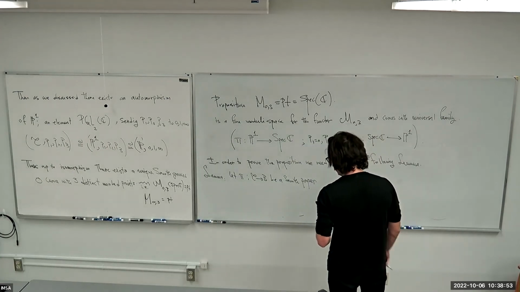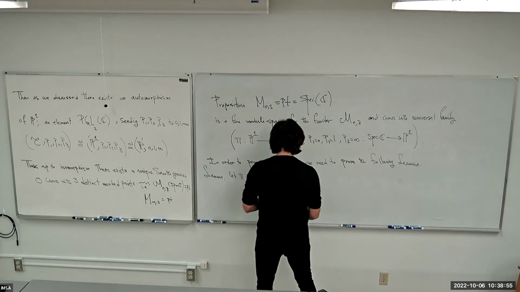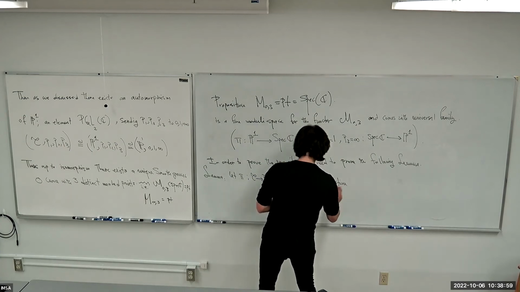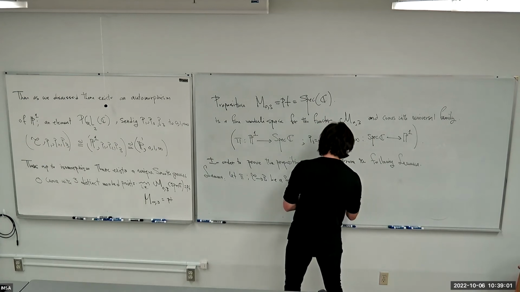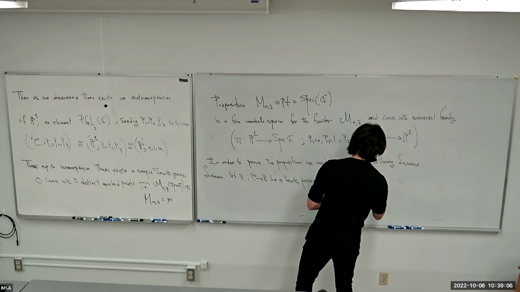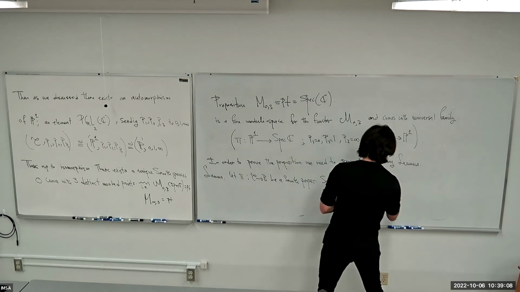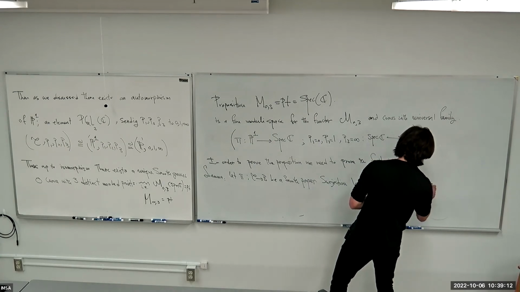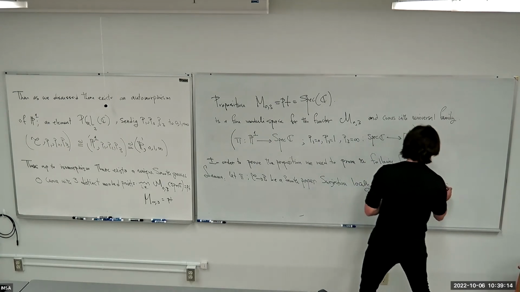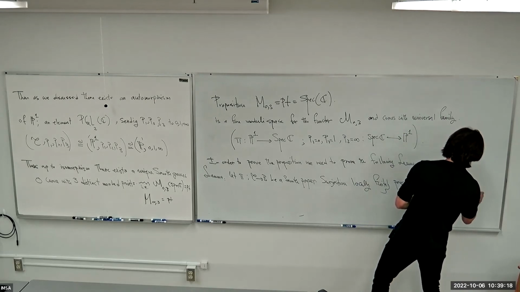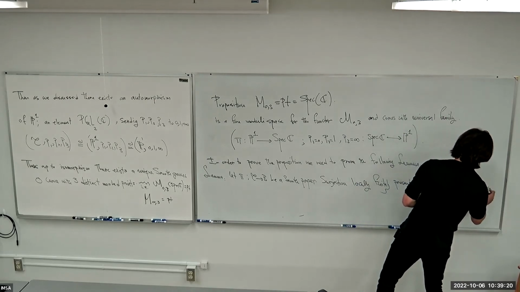So let pi from C to B be a smooth, proper, surjective, locally finitely presented morphism of relative dimension 1 over the complex numbers.